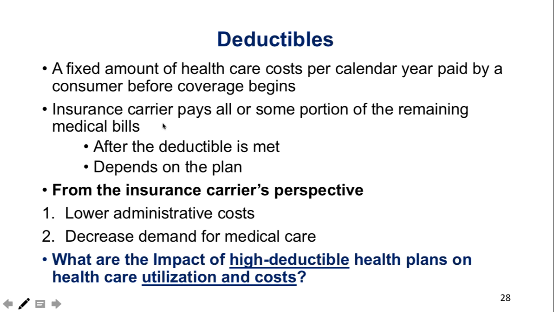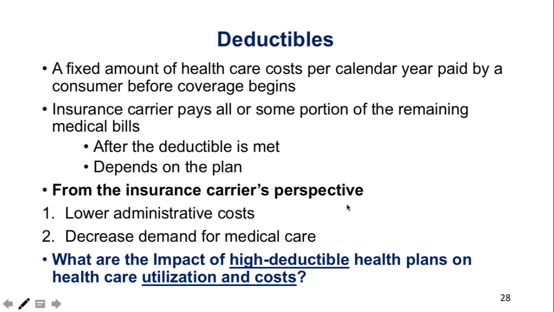Basically, insurance carriers then pay all or some portion of the remaining medical bill after the deductible is met. It depends on what plan you have. If your plan says that after a $2,000 deductible, full coverage is up to $10,000, then they pay the rest, the $8,000.